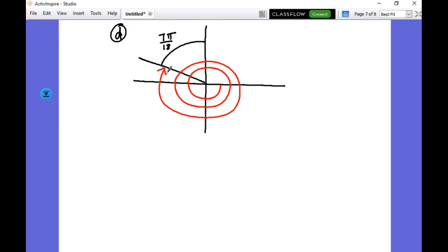So 2 full circles, and then we stop. All right. So what do 2 full circles make? 4 pi, but they're negative, right? Yeah, because we're going clockwise.